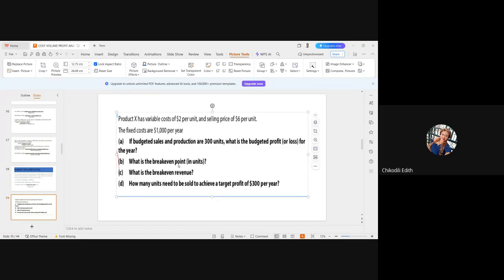Then billing total minus contribution times 300 is 1,200, minus the fixed cost of 1,000. Okay, I went and used the selling price they gave.